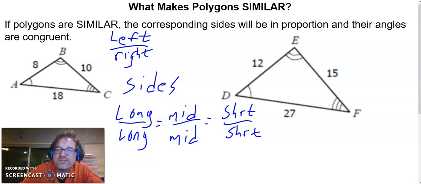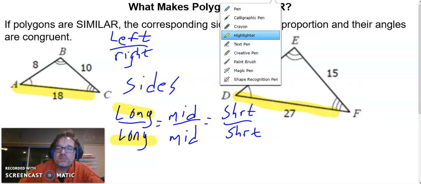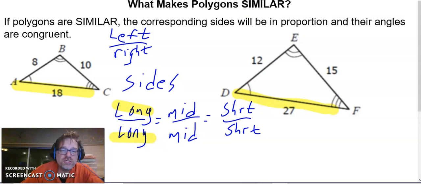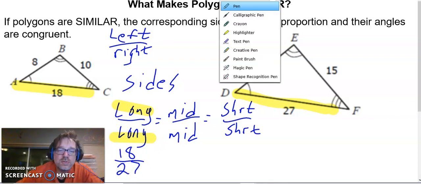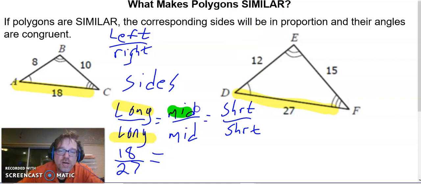So let's look at our left shape. What we want to find is the longest side on the left, and then the longest side on the right. So to show that these are in proportion, I'm going to do the long side on the left over the long side on the right. And then that needs to equal the same fraction as the middle number on the left over the middle number on the right.